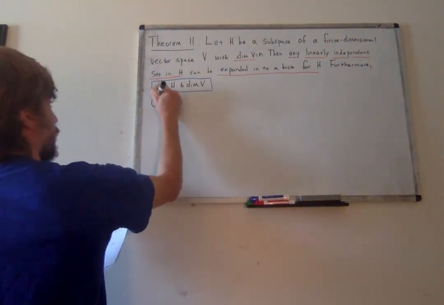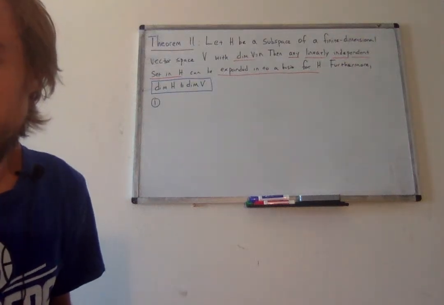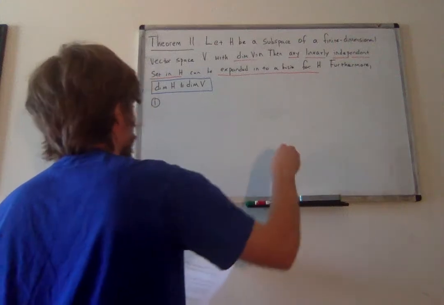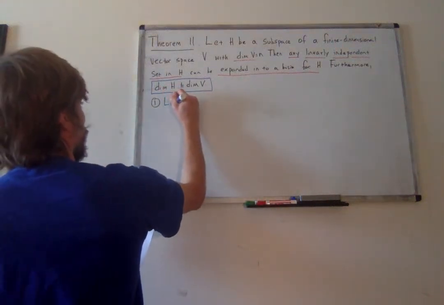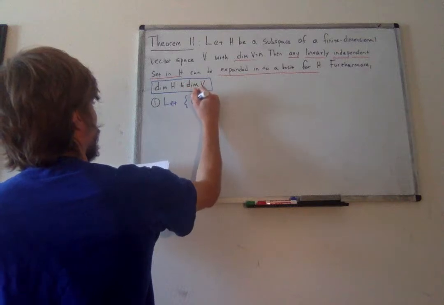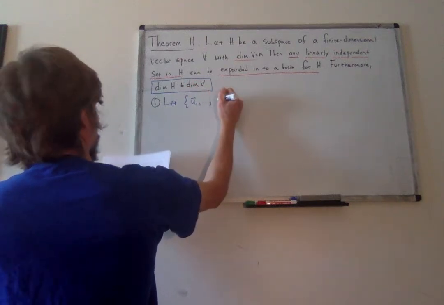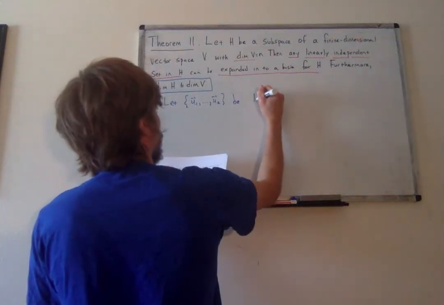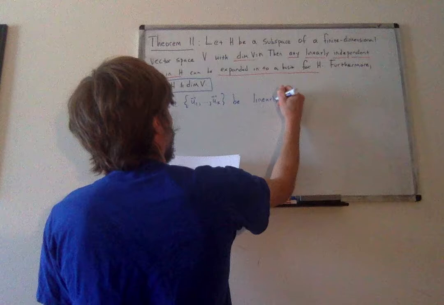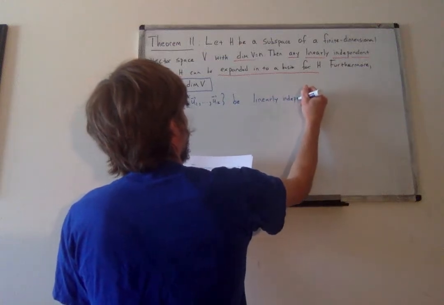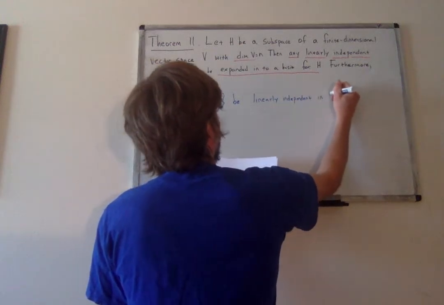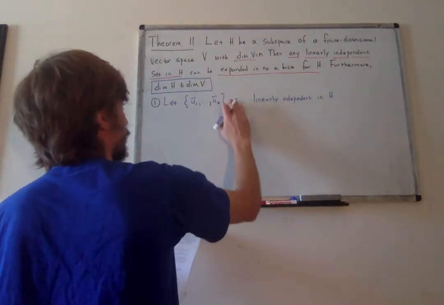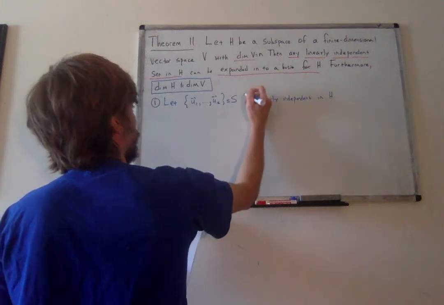So the first step, what we want to do is consider some linearly independent set in H. So we're going to let u1 through uk be linearly independent, and we'll specify that these vectors are in H. We'll call this set S for easier reference.